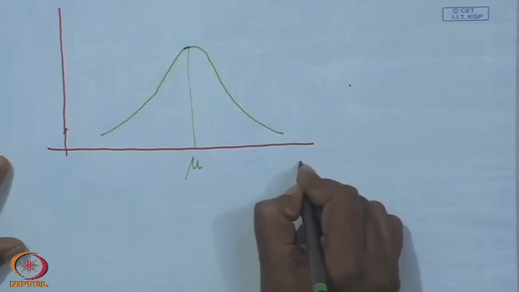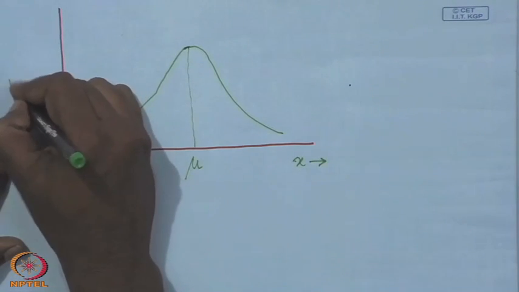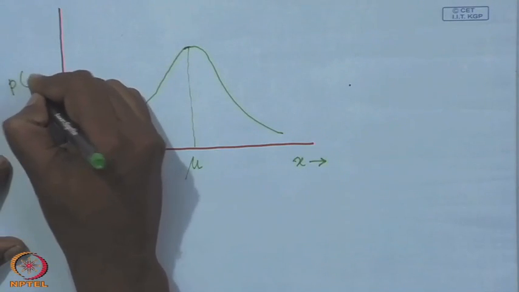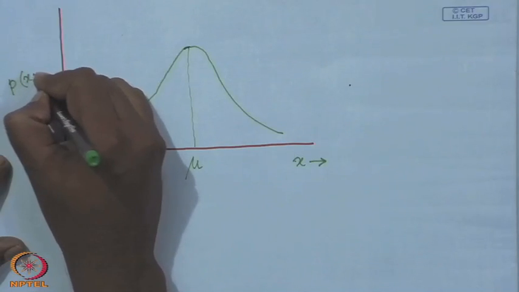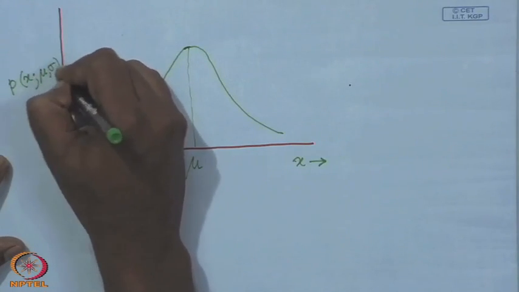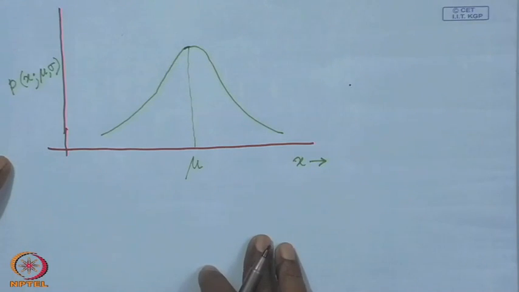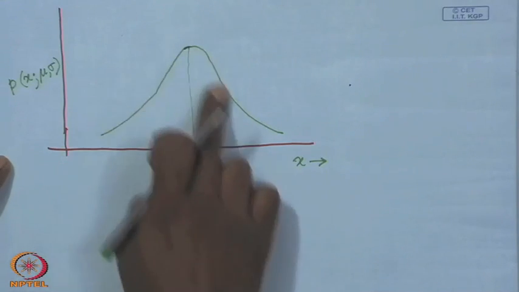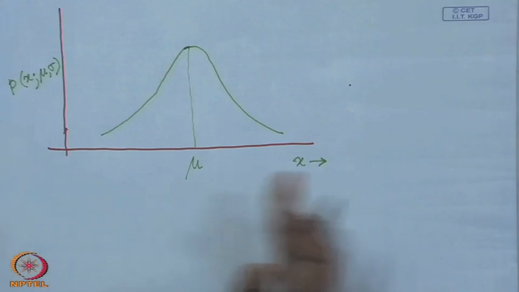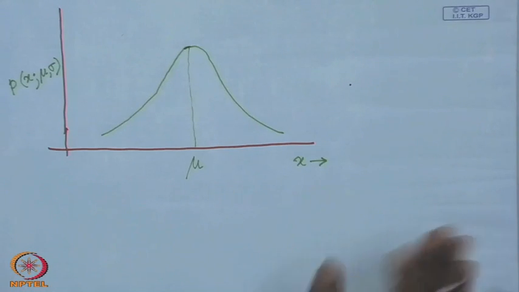So, this is my variable x, this axis represents variable x, and this axis represents P of x, for which I know what is mu, I know what is sigma. So, this is the form that I have, and you find that this is a continuous curve, and for this I have a well known analytical expression, which is nothing but Gaussian expression.